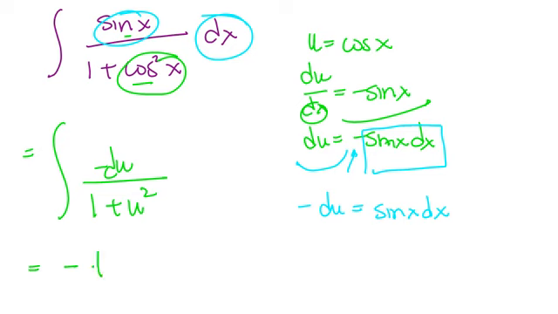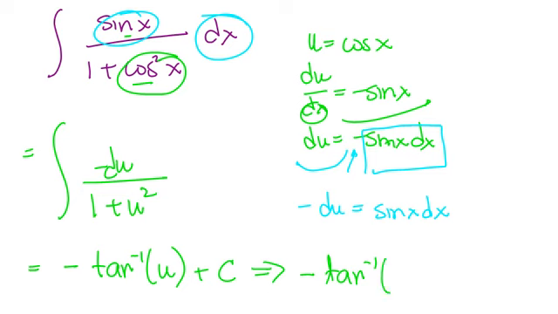That's the arctan, or the inverse tan of u plus c. And now I'm going to do my final step, which is to replace the u with my original expression. There we go. End of examples of indefinite integrals using substitution.